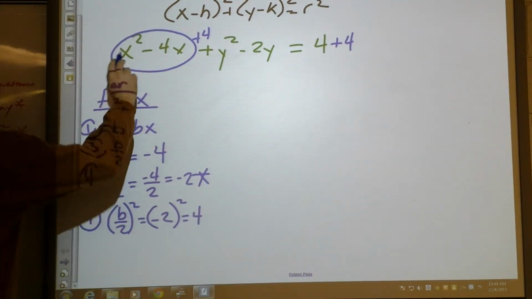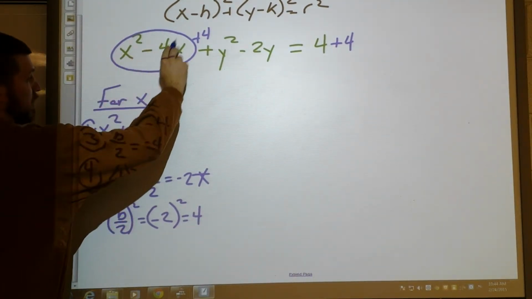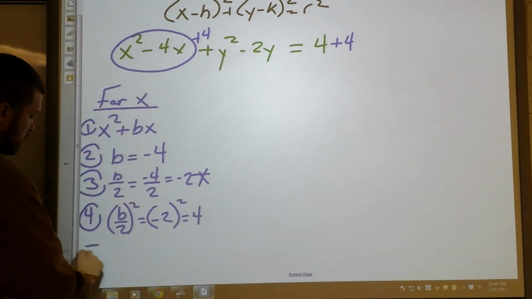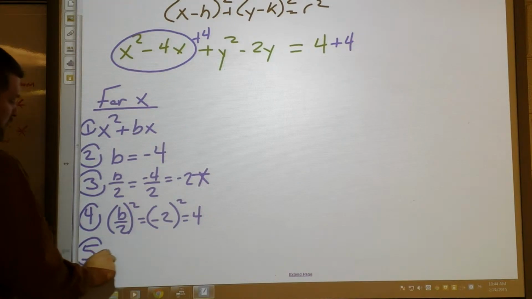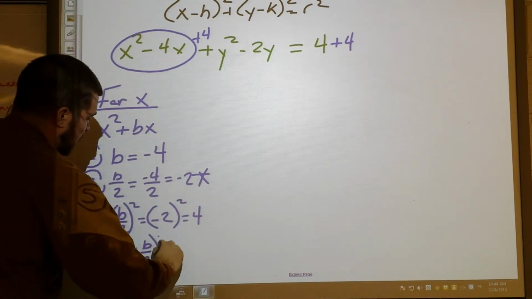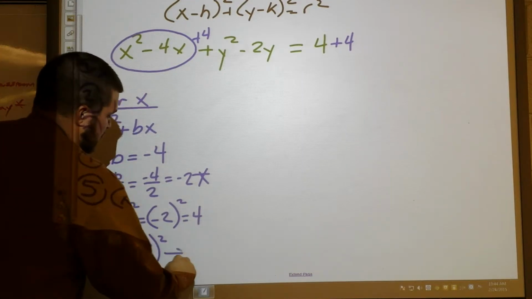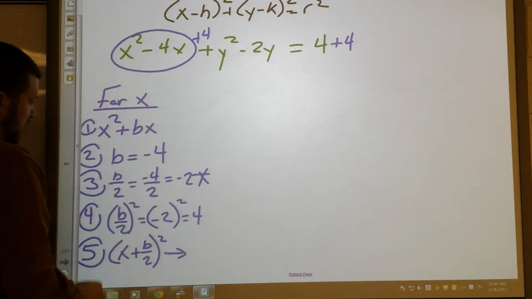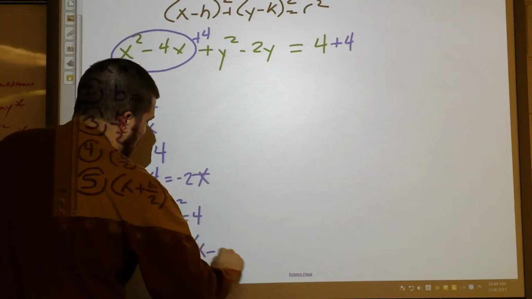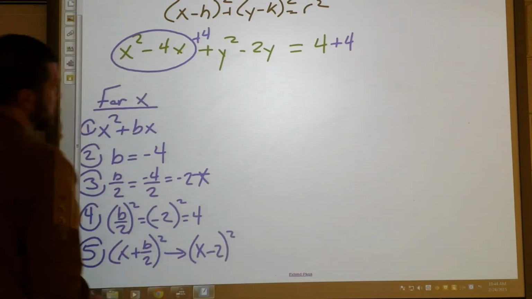Finally, I have a perfect square trinomial for the x's, just for the x's. So I'm able to factor that into a square of a binomial. So x plus b divided by 2 is what I'm factoring into. So for the x's in this particular problem, b divided by 2 was negative 2. So it's going to be x minus 2 squared.